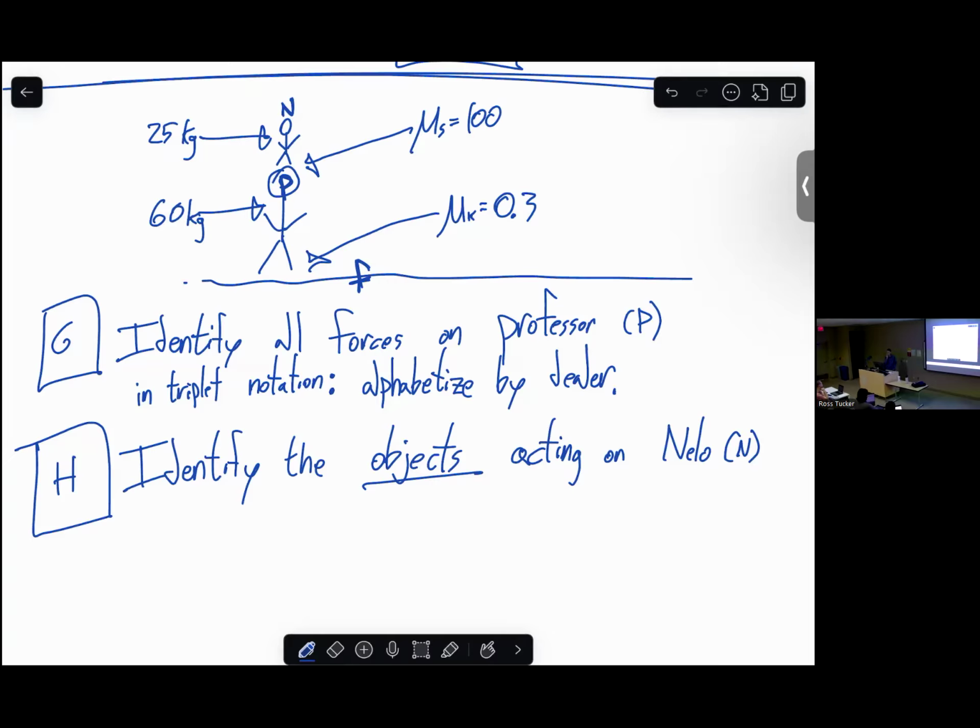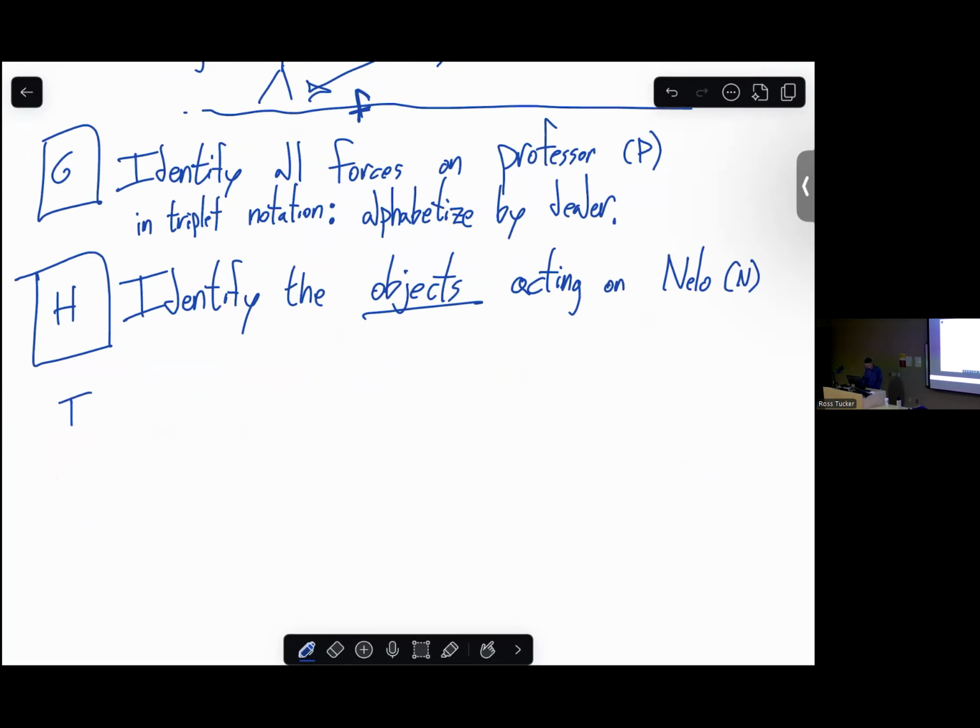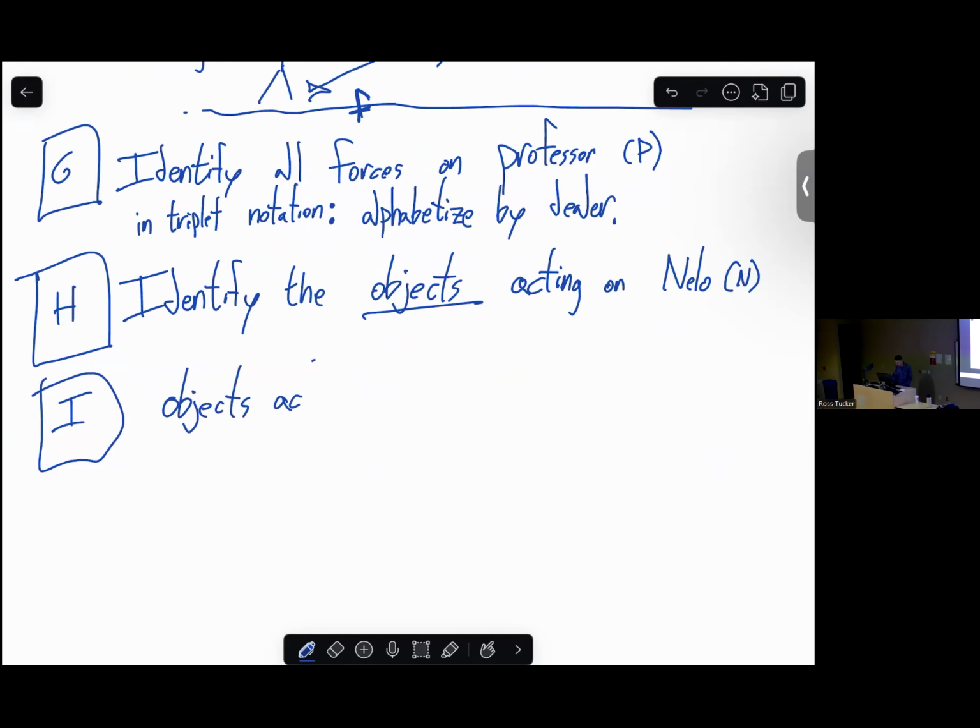Okay, now let's identify the nature of the forces that are causing each of these. So you should have written objects acting on NALO. He is a person, capital letter, are Earth and professor.